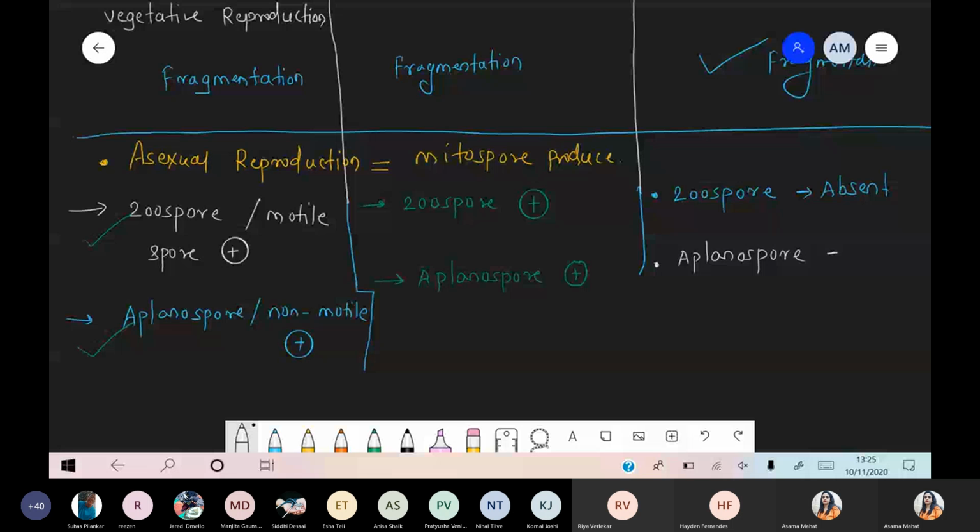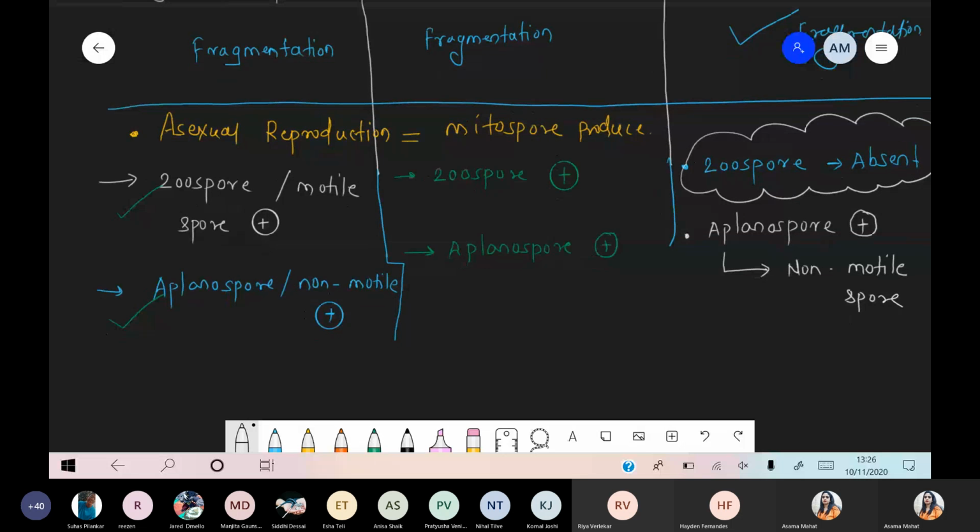In red algae, the motile asexual spore, the motile mitospore, is totally absent, but the aplanospore is present, which is non-flagellated. Aplanospores are non-motile spores. So aplanospore present but zoospore absent. Got it? Just remember, only in red algae is the zoospore absent. The rest is similar in all.